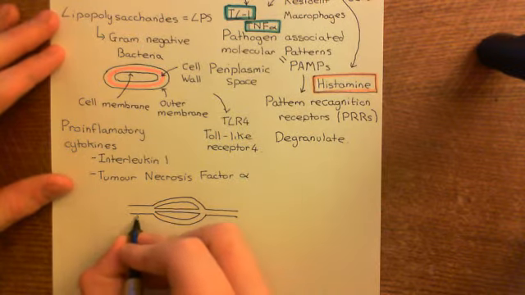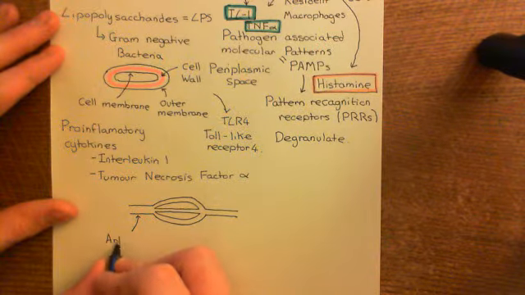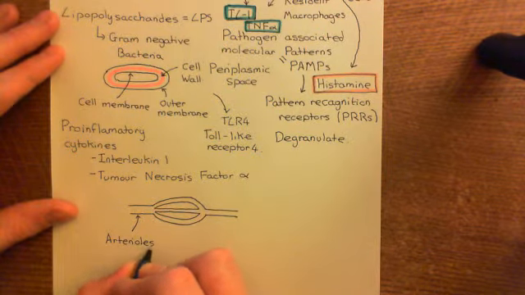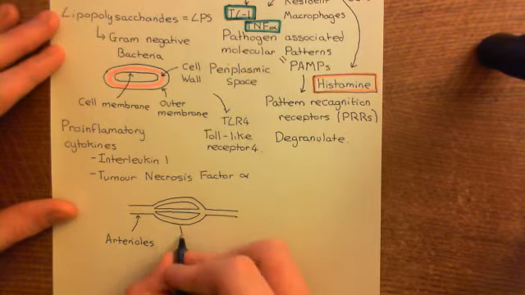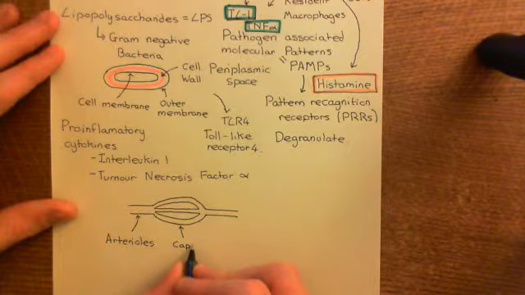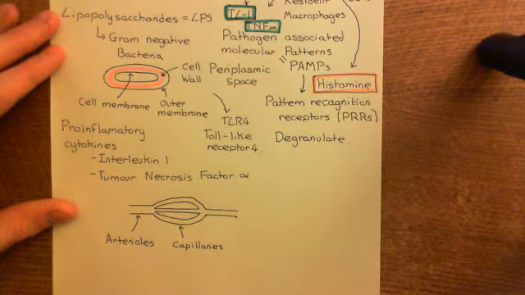So now we've got our three separate types of blood vessel. The arterioles here, and the important thing to understand about the arterioles is that they have a smooth muscle layer. Then the capillaries, which literally are tiny, they just have an endothelial cell layer with a basement membrane for the endothelial cells to sit on.